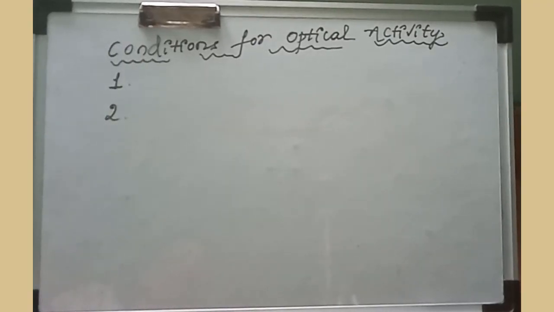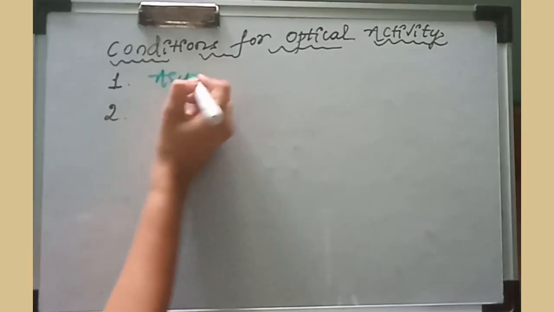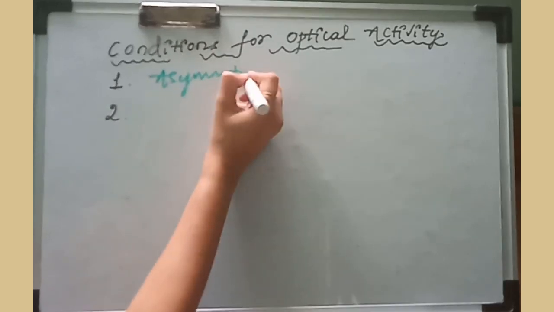So you have to know the conditions for optical activity. When we say compounds are optically active, there are some conditions a molecule has to follow. The first essential condition is that a molecule must be chiral or asymmetric in nature.